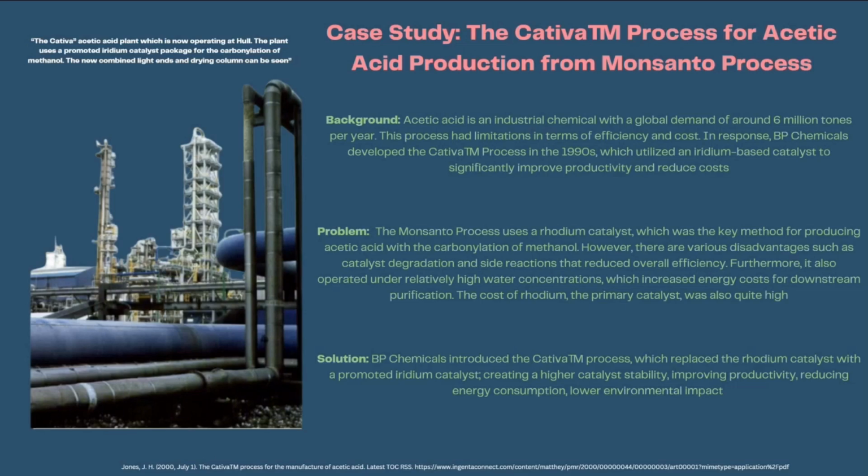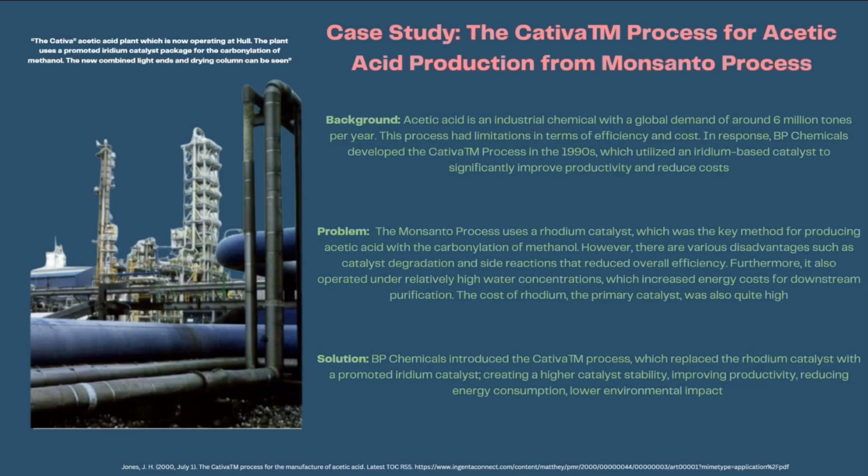It also improved productivity. The Cativa process increased throughput, allowing existing facilities to produce more acetic acid without major expansion. Lower water concentration in the reactor meant less energy was needed for distillation and purification, leading to overall lower operating costs, thus reducing the energy consumption too.